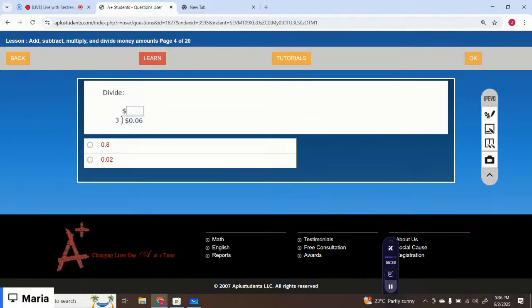0.06 divided by 3. So which is the correct option? That is 0.02. Option B is the correct option.